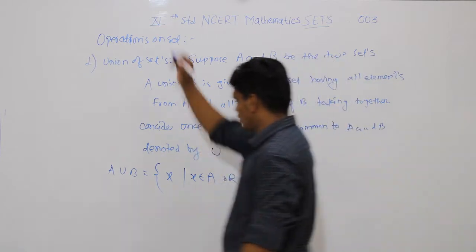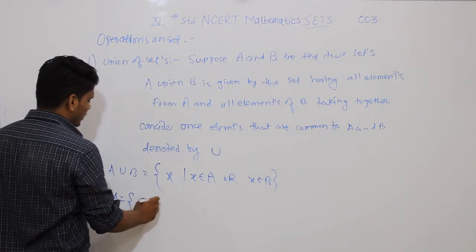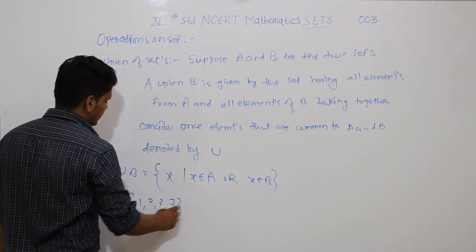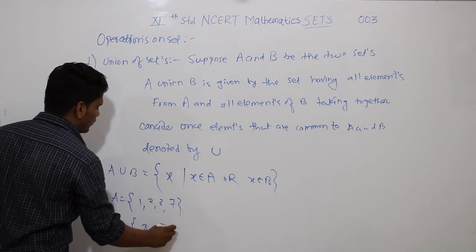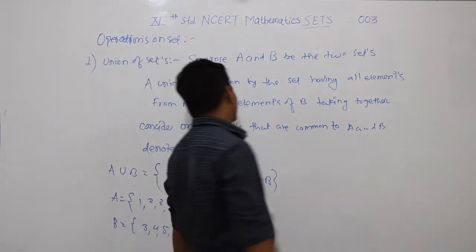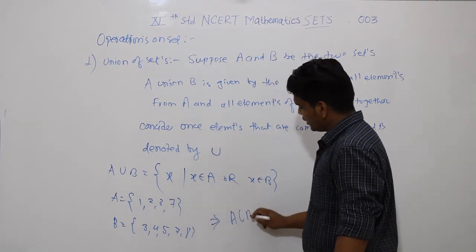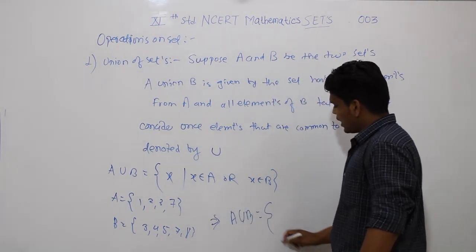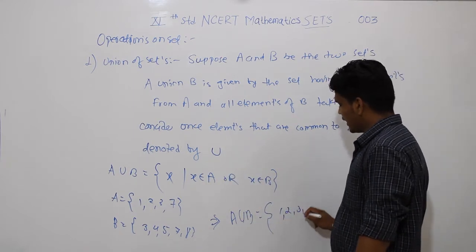For example, now I am having my A set as 1, 2, 3 and 7, and my B set as 3, 4, 5, 7 and 8. These are my two sets. From this I will get my A union B. What will be my A union B? I will consider all elements of A first: 1, 2, 3 and 7.